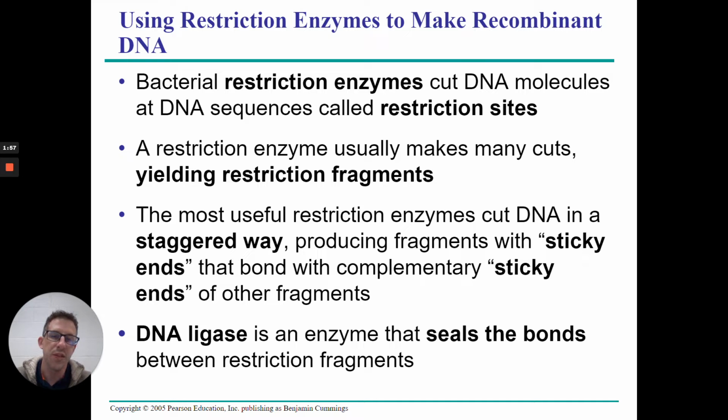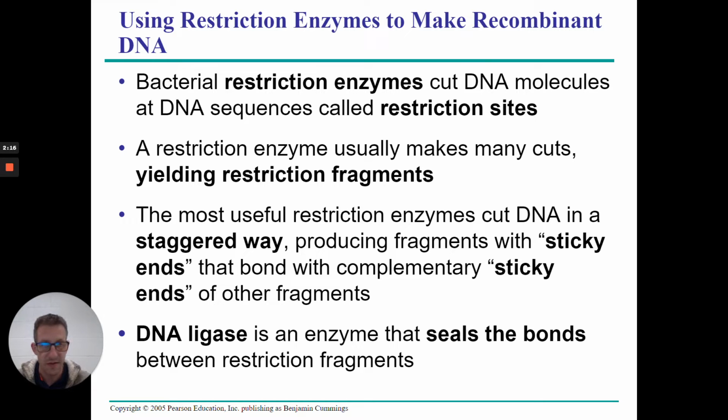So the restriction enzymes generally make a bunch of different cuts, and they produce something called restriction fragments. And these restriction fragments, once they're cut, can actually be reattached at some point because they have what are called sticky ends.